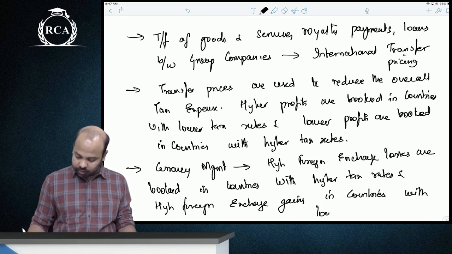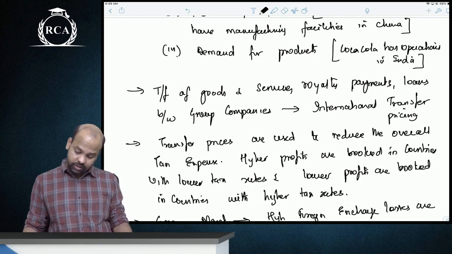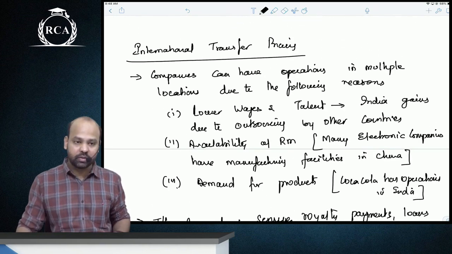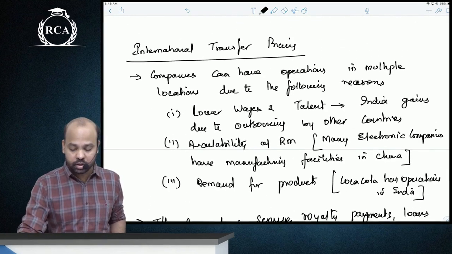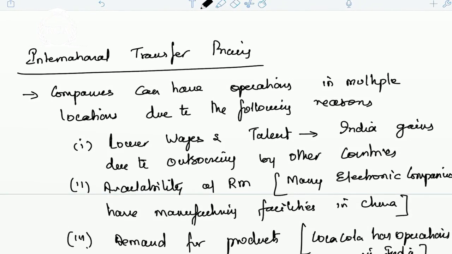Understood? I'm zooming in just in case you missed any point. Just a brief is required, nothing else. Copy this.